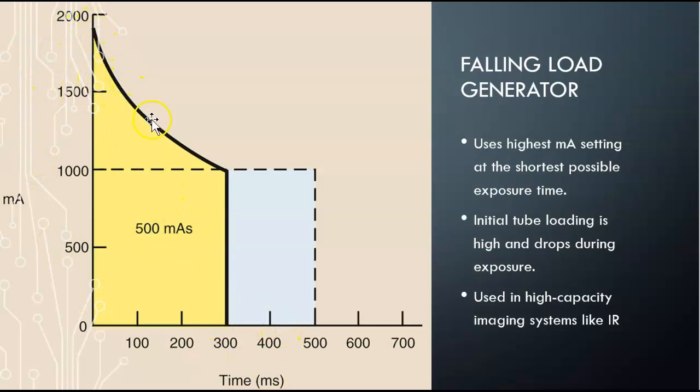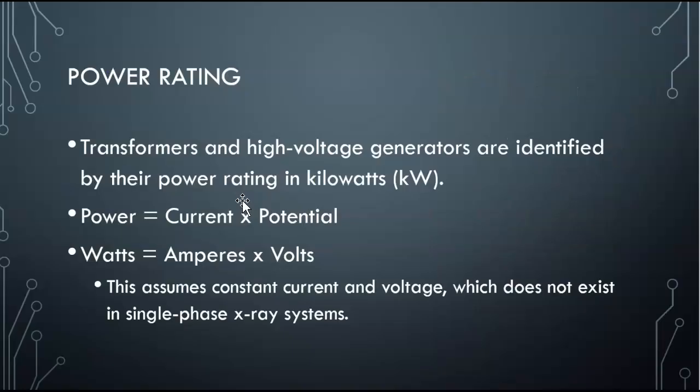So here we're going to go and we're going to drop off. Okay, so you can see falling, right? It uses the highest mA setting at the shortest possible exposure time. Initial tube loading is high and drops during the exposure. So you don't get a consistent amount of radiation coming out at the same time. It's coming out high and dropping as it goes, okay? So it's used in like IR.